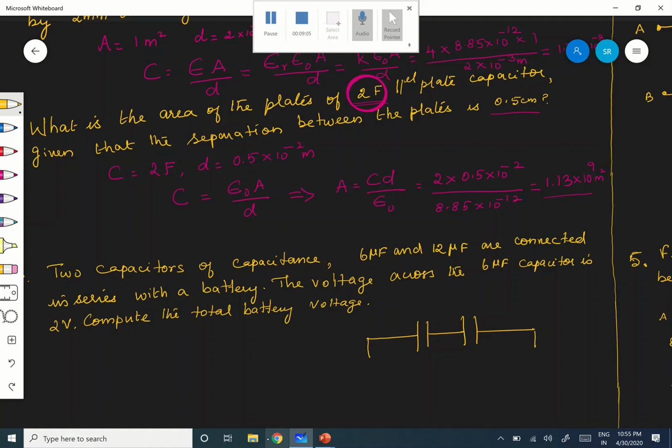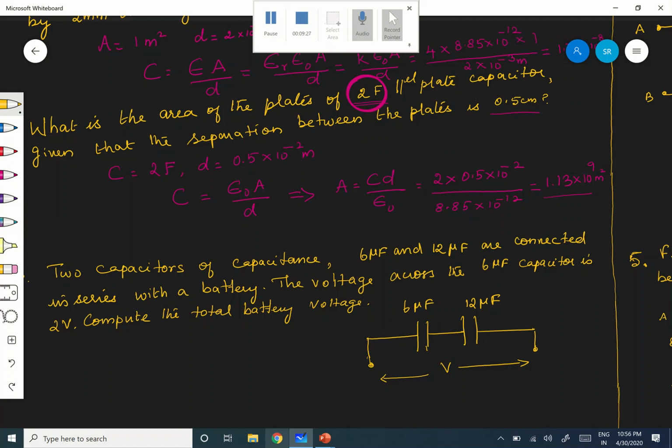The total battery voltage is V, and you have to find this V. The capacitance of the first is 6 microfarad and the other is 12 microfarad. Both are connected in series. Now it is a series connection, I think you know.